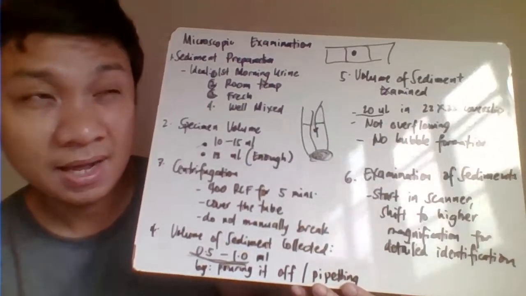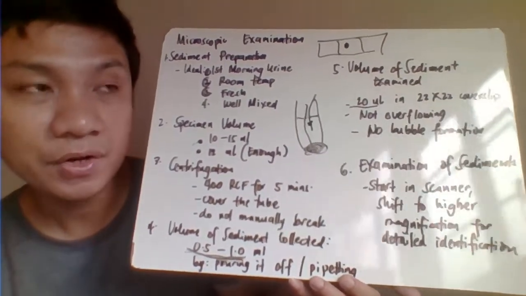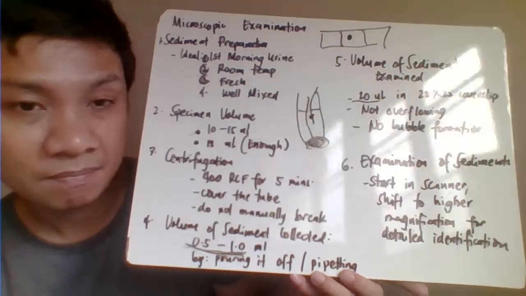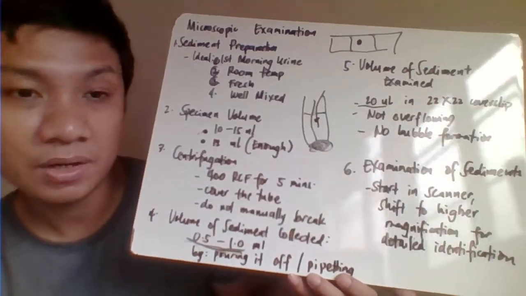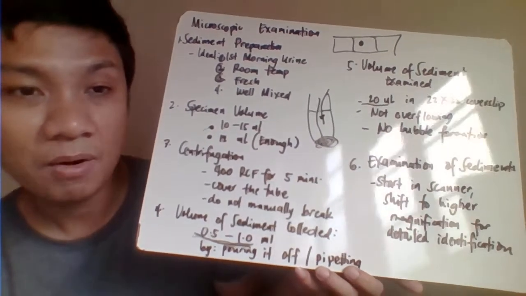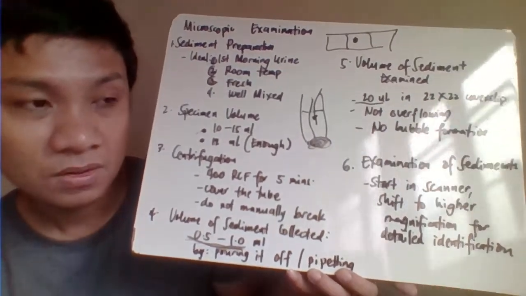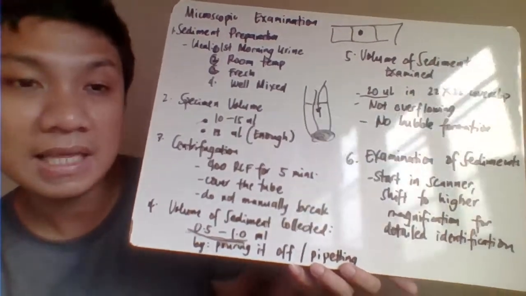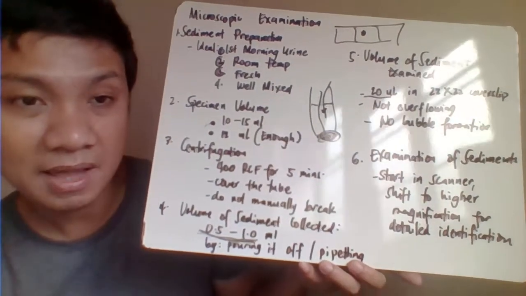Okay, so again, what you're going to identify in the scanner would be your squamous epithelial cell. Our squamous epithelial cell is the largest cell here found in our urinary sediments, and that's our basis if you are already in the correct dimension. So pag nakita mo na in clear detail ang ating squamous epithelial cells, mean to say you are in correct dimension.